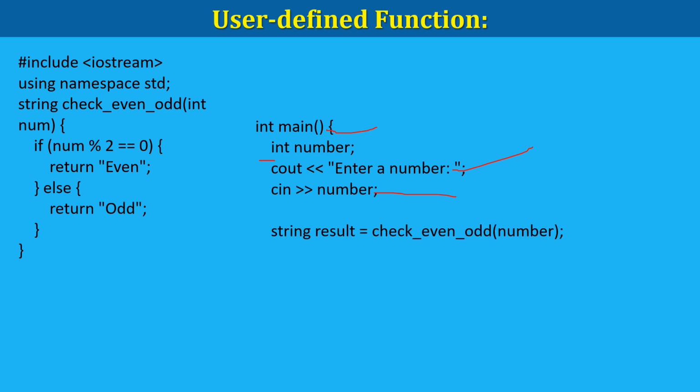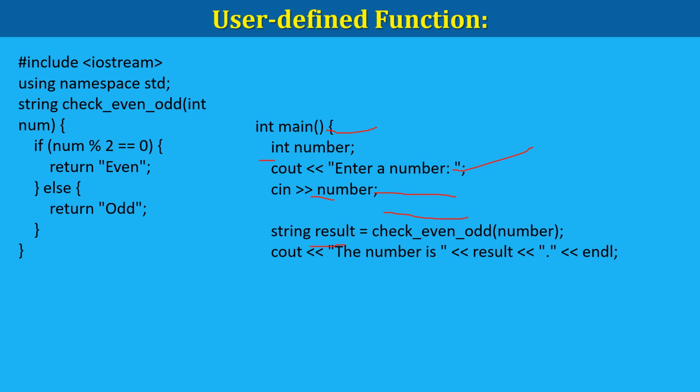string result = checkEvenOdd(number). This calls the checkEvenOdd function with the user's input number as an argument. The function will return either "even" or "odd", and the result is stored in the variable result. Outputting the result: cout << number << " is " << result.